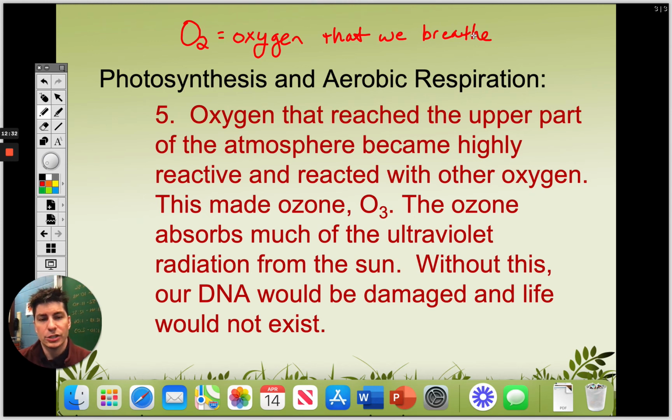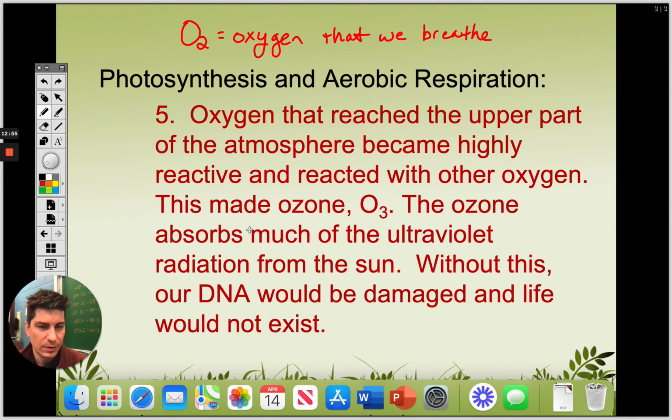Once this oxygen from those photosynthesizers reached upper levels of our atmosphere, it became reactive. When it became reactive, it actually bonded together, forming O3, which is 3 oxygens bonded together. And that became our ozone layer.